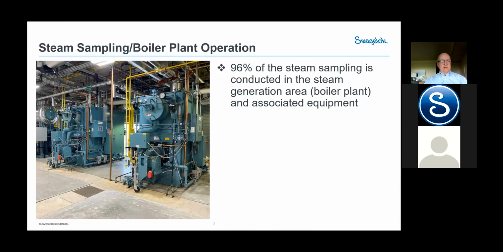As shown here in this picture is a standard boiler plant, and it can be a very small boiler plant, as simple as a water processing plant, which is a very small steam plant, to a very large plant. In the steam sampling system, we're looking at boiler chemistry and deaerator operation. But outside the boiler plant, there are other areas where we do need steam sampling, which I'll go through.